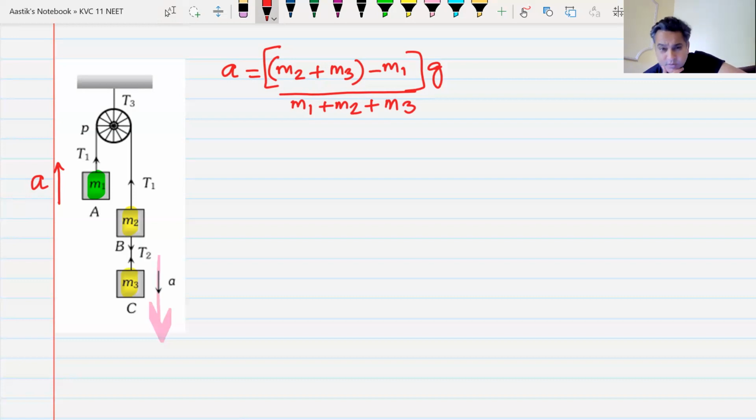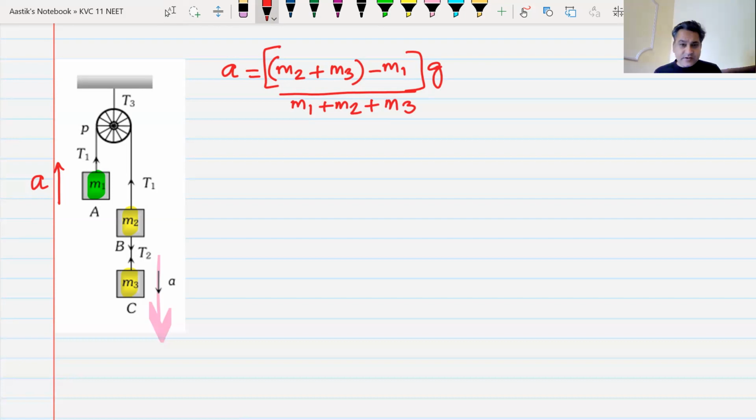Now, once you get the value of A, getting the value of T1 and T2 should be simple. I will show it to you by giving values. Right now it is looking very cumbersome, M1, M2, M3, but just wait.